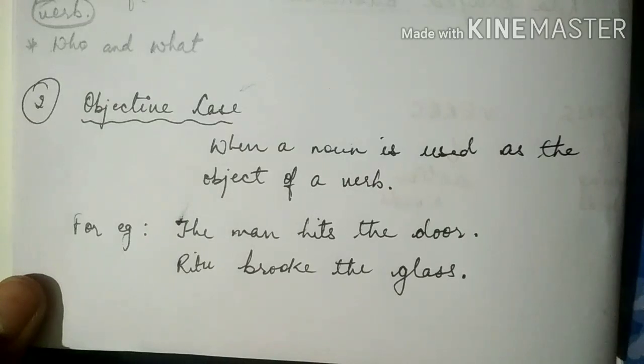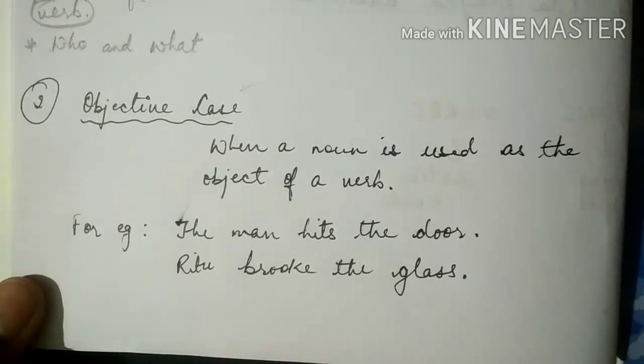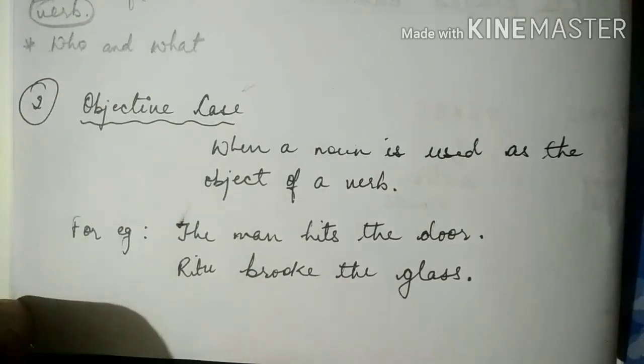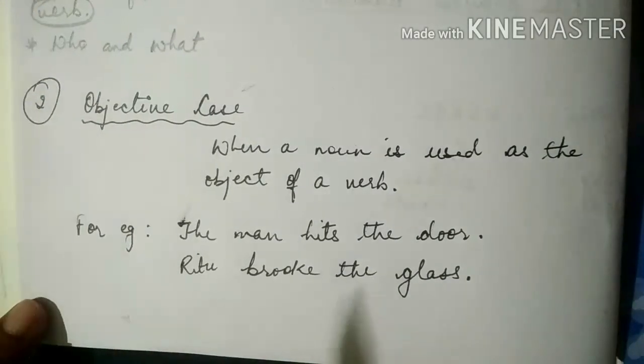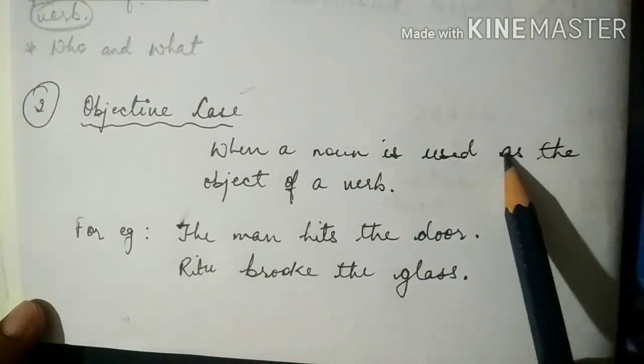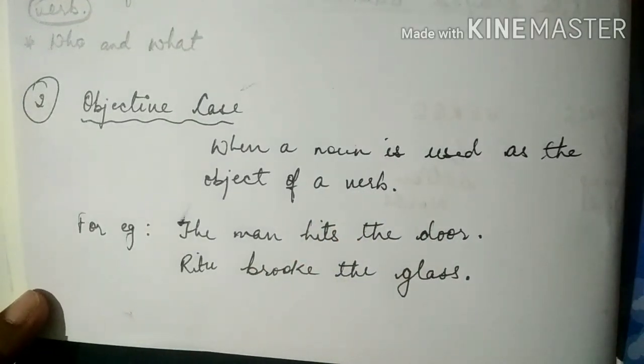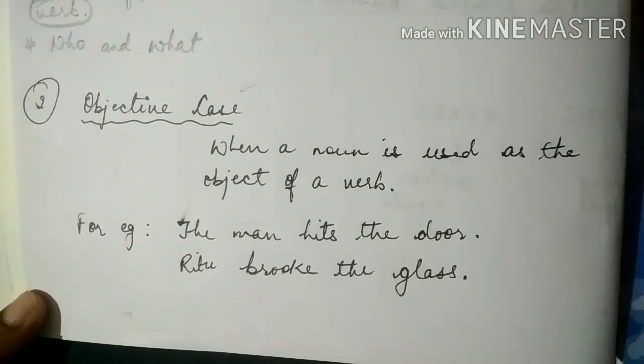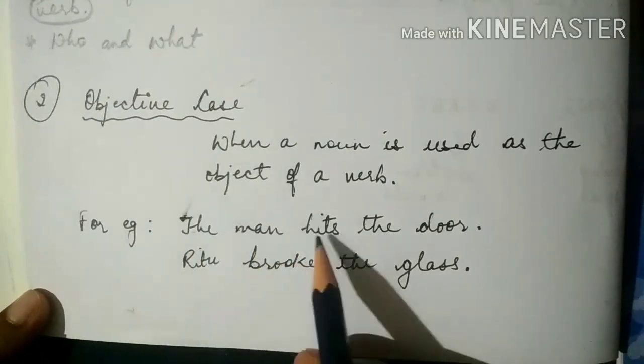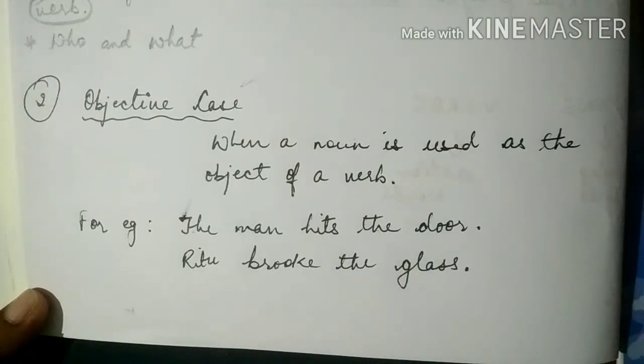Okay, the second type of case that we are going to see is objective case. Now objective case says that a noun is used as the object of a verb. For example, the man hits the door.